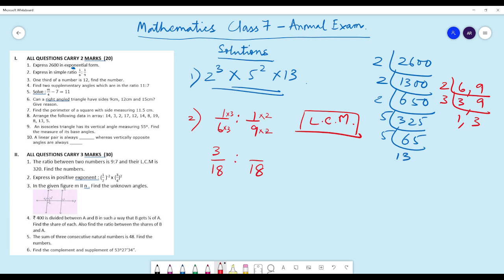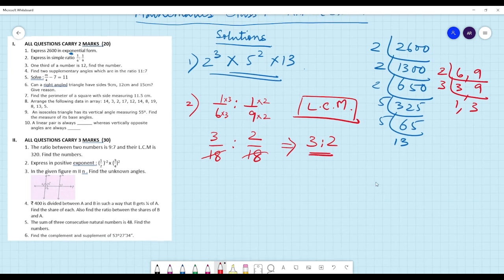To maintain the fraction, whenever we are doing anything with the fraction, whatever is multiplied or divided with either the numerator or the denominator, it has to be done on both the sides. So what we get over here is 2. Now since both the denominators are same, we can disregard them, and this gives us the ratio as 3 is to 2. So this should be your answer. So the answer to the second question should be 3 is to 2.